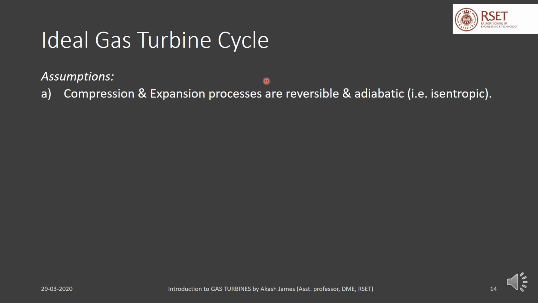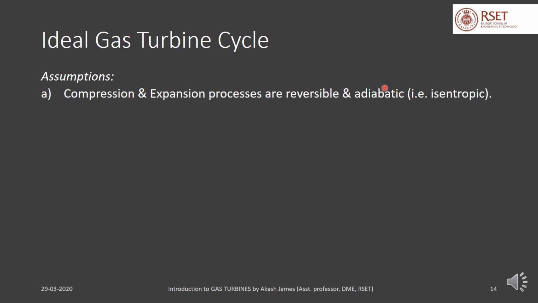Since the compression and expansion processes are fast processes, there will not be enough time for heat interaction with the surrounding. So the assumption that the processes are adiabatic are more or less correct. Now if the process is reversible and adiabatic, then that means it is an isentropic process. Why is that? Because if there is no irreversibility due to friction, there is no entropy generation.